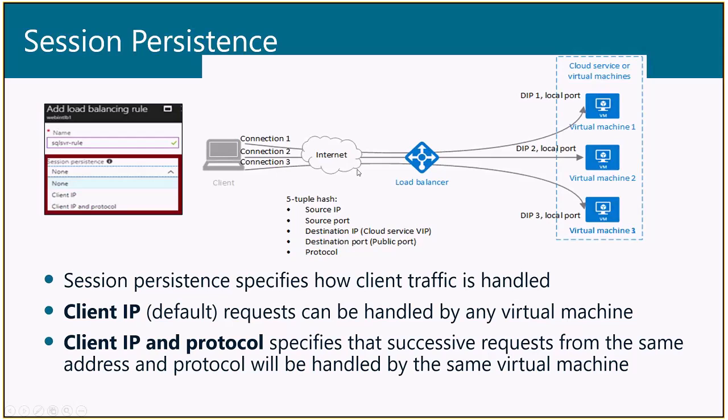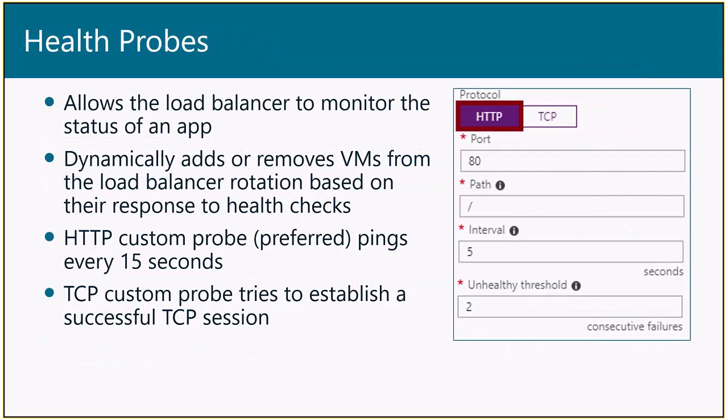You don't want to go to a different virtual machine and have to re-authenticate all over again. That's what we call session persistence. If the load balancer sent my request to virtual machine 1, whatever I query, it's going to go to virtual machine 1. It's not going to switch me to 2 or 3. It will keep me on 1 to make sure we have session persistence.